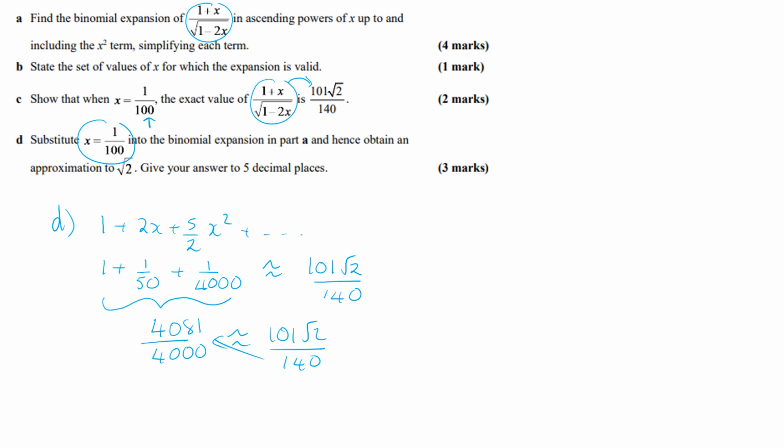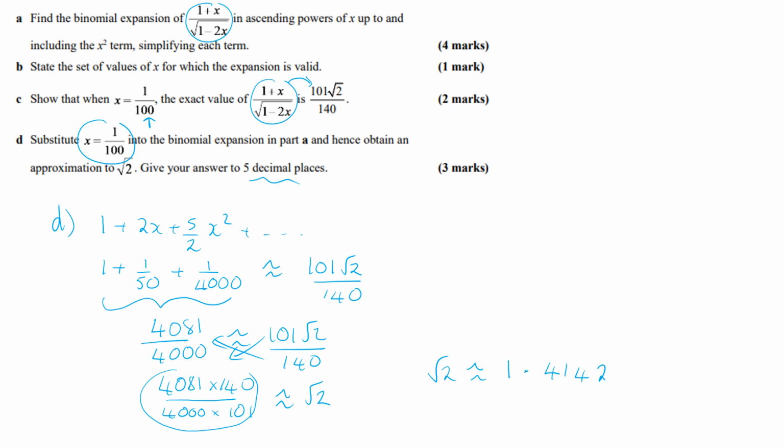All we need to do is cross multiply now. 4081 times the 140 divided by the 4000 times the 101 will give us an approximation to root 2, and then if you put all of that in your calculator, you'll get that root 2 is approximately equal to, to 5 decimal places, 1.41421, which is a good approximation.